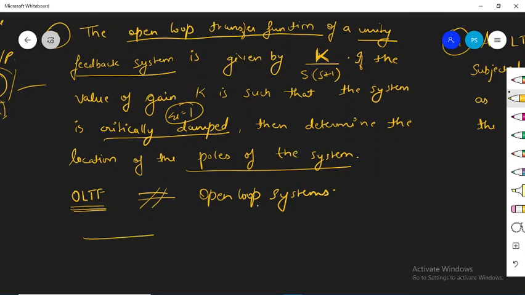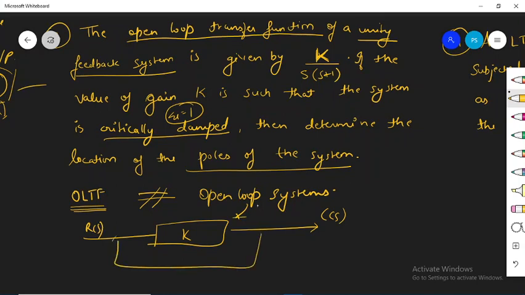Open loop systems means that a system is there with some amount of gain it can have. Okay, open loop systems. And in open loop systems there is no feedback path. This path does not exist for open loop systems. But closed loop systems have a feedback path. But don't get confused with these two terms, open loop transfer function and open loop system.